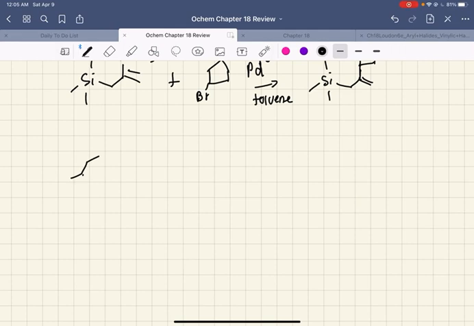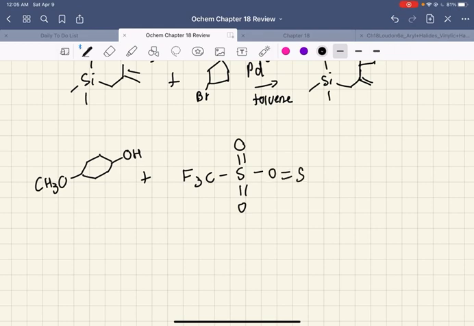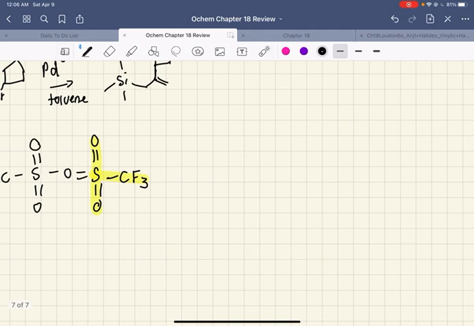Say we have this phenol-based group. Here we have this group, triflic anhydride. Triflic anhydride. Right. And we'll use pyridine.